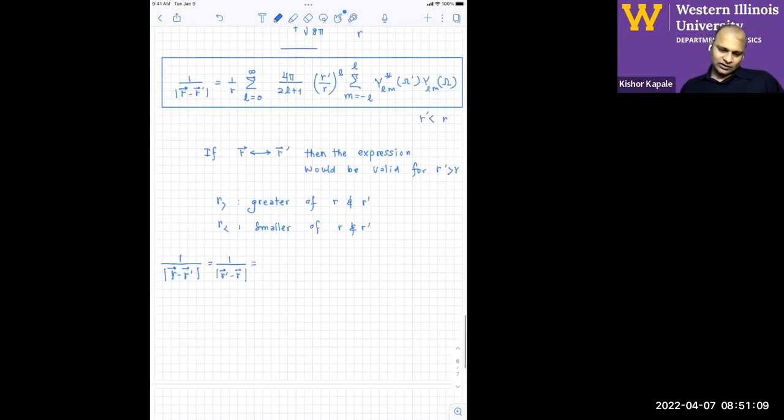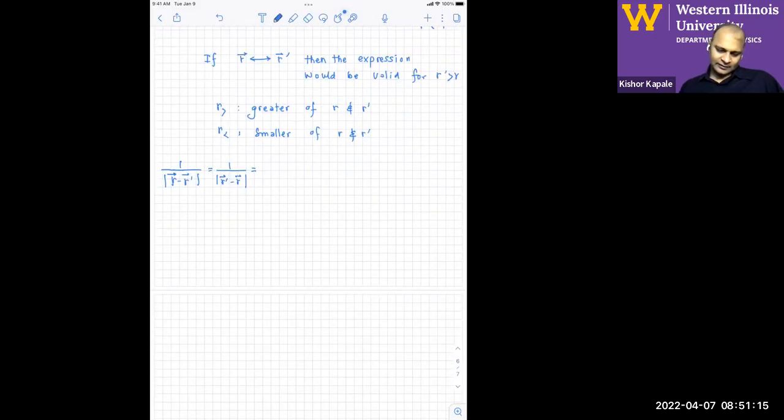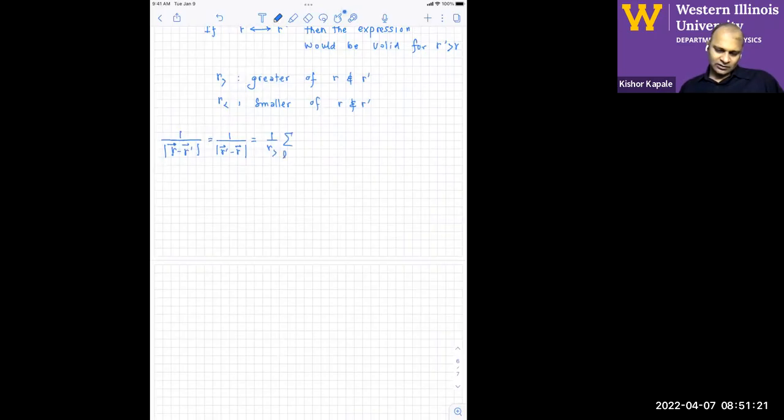And so the term that comes out here is the quantity that's greater, so it's going to be 1 over r greater, then the summation over L from 0 to infinity, the coefficient 4 pi over 2L plus 1, then r less over r greater to the power L, then the expansion in Y L M, M from minus L to L, Y L M star of omega prime.